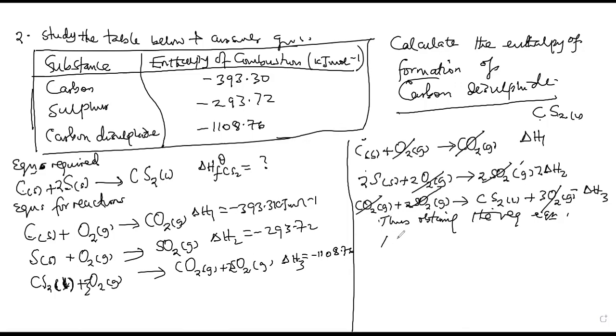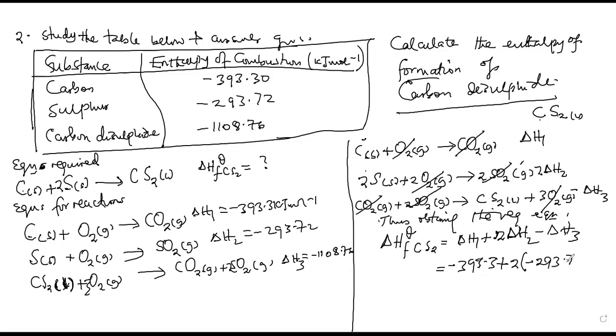So the enthalpy of formation of carbon disulfide is going to be H1 plus 2H2 minus H3. So H1 is negative 393.3, plus 2 into H2, which is negative 293.72, minus H3, which is negative 1108.76. And this will overall give you the answer.